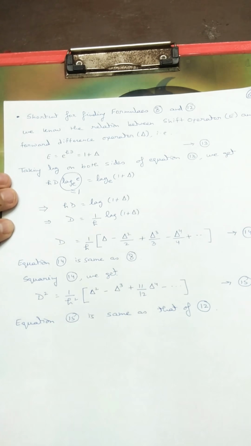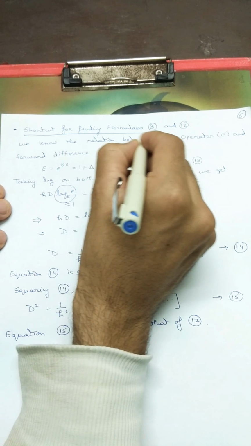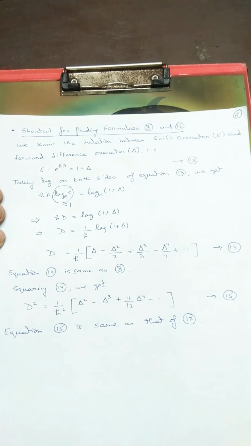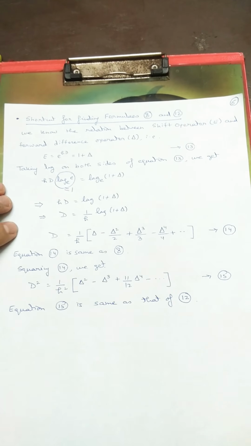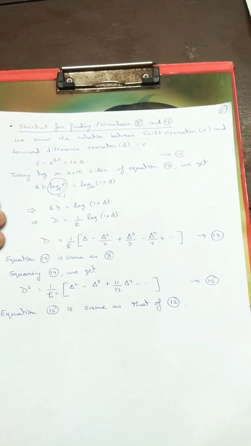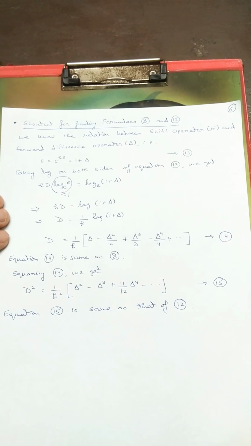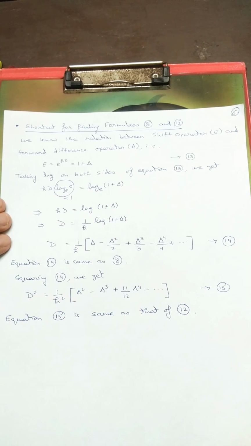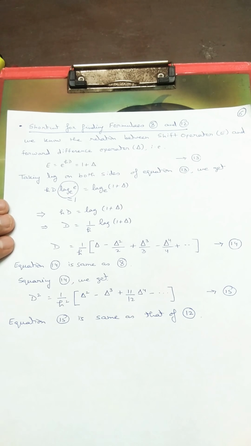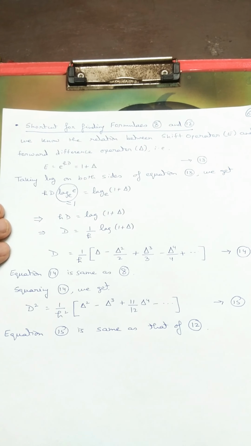Now it's difficult to remember all this process, so I am giving you the shortcut for finding out the formulas for equation number 8 and 12 when p is 0. We have studied in our lecture the shift operator and its relation with the forward difference operator and a differential operator.